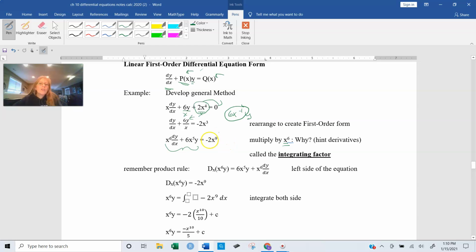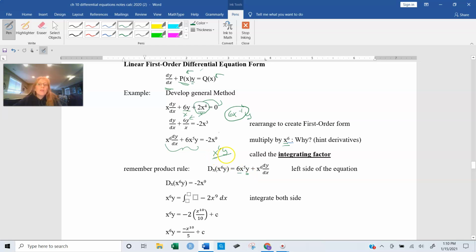Now when you watch, if you take x to the 6th times y, right? So we're taking the derivative of what we multiplied times y. Now, when we take this guy's derivative using our product rule, it's 6x to the 5th times the y, right?